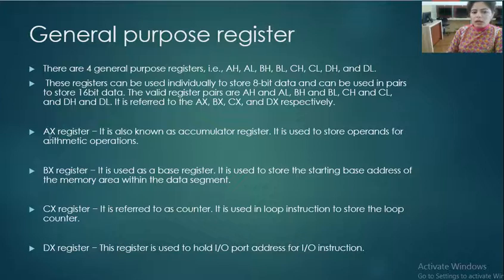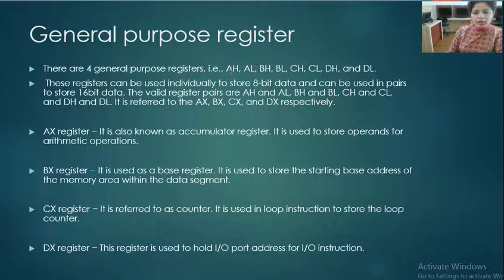Now AX, as there is an X, and I have already told you whenever there is an X, it means it is a paired register. If it is a paired register, it means it is of 16 bits. So AX is a paired register, and if we want to write it in individual parts, AX is a combination of AH and AL.